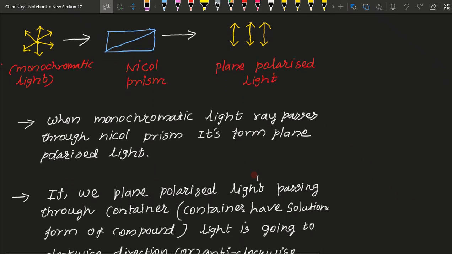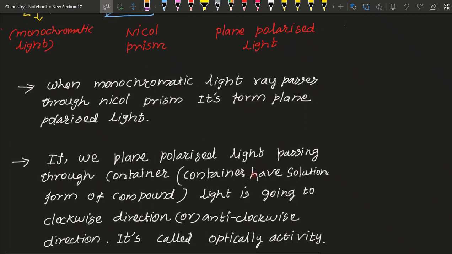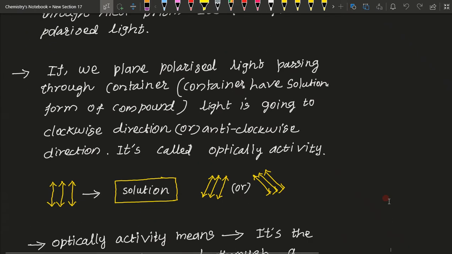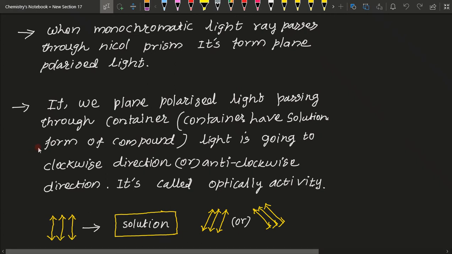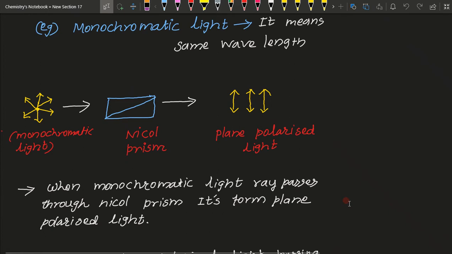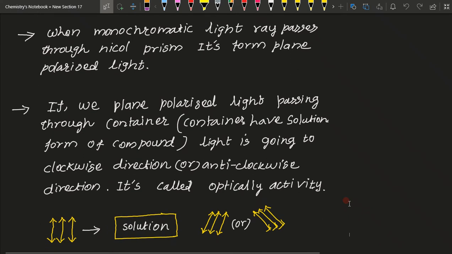Next, the plane polarized light is passed through a container holding a solution of the compound. The light goes in a clockwise direction or anti-clockwise direction.